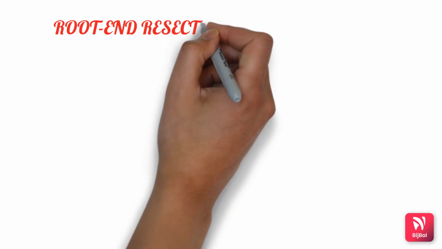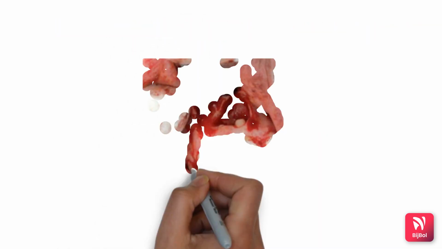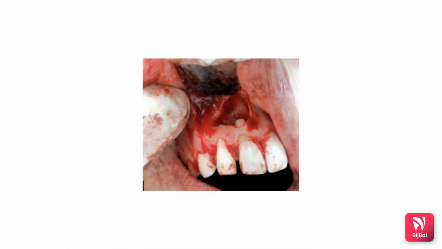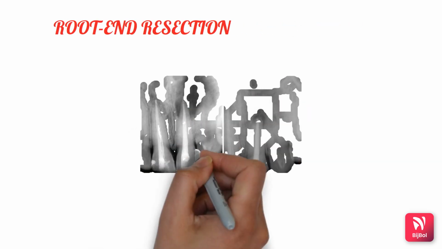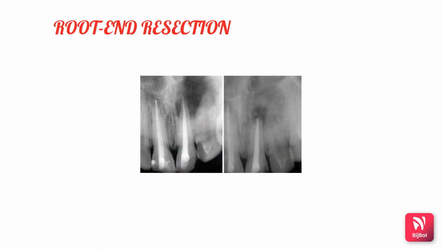So here what happens is that we just resect the tooth and remove it together with the pathological periapical tissues. And what all to be considered before the root end resection is the instrumentation, the extent of the resection, and the angle of the root end resection.